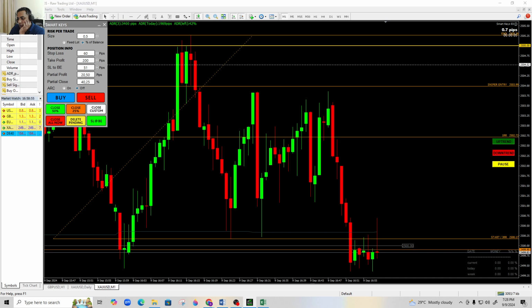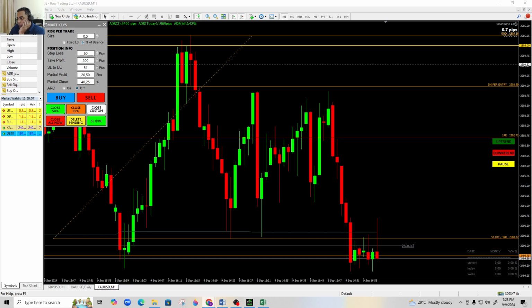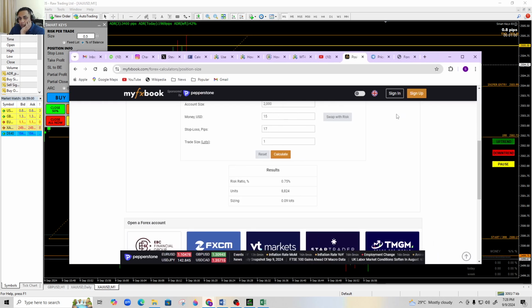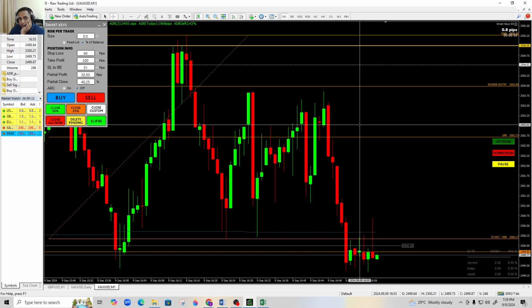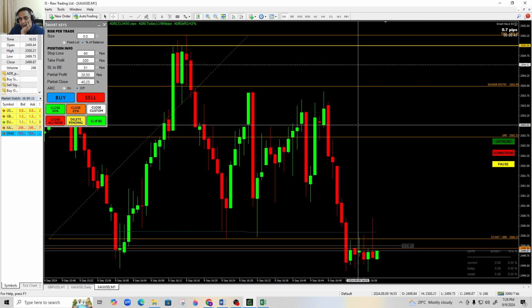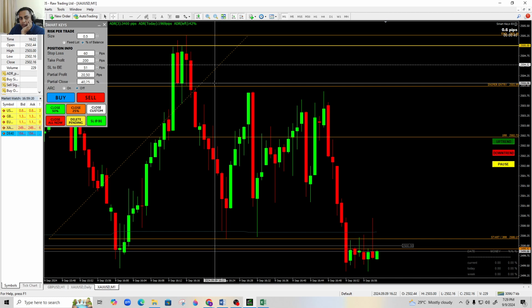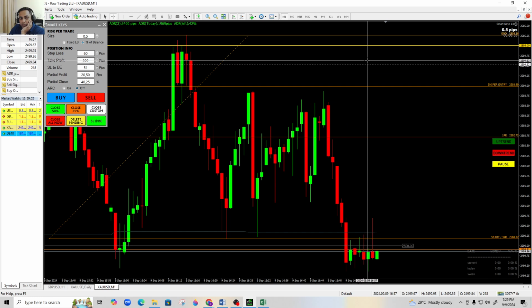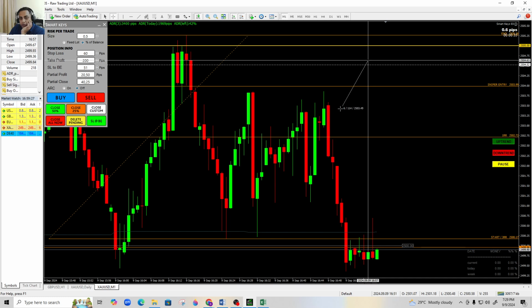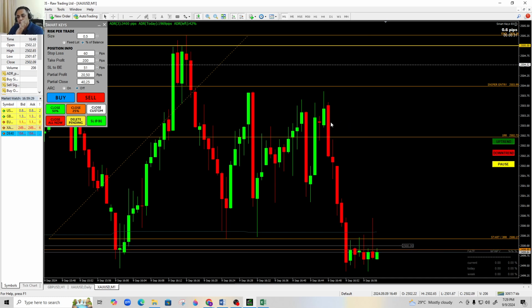So I would have to go here and change this to 26. Now it's 0.06. So I would take 0.03 here and I would take 0.03 here, 10 pips away, or even the next 0.03 here. Yeah, that's better. 16 pips away.